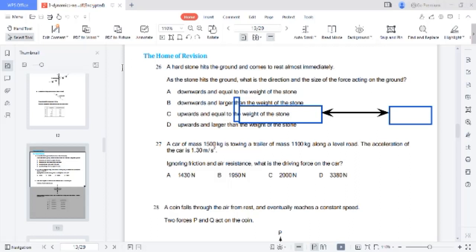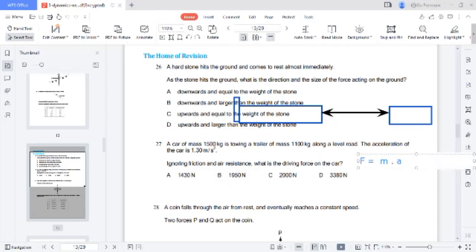Suppose the mass of the trailer is 1100 kg and the mass of the car is 1500 kg. Both are connected by this towing rope or rod. By Newton's second law, F equals m times a.